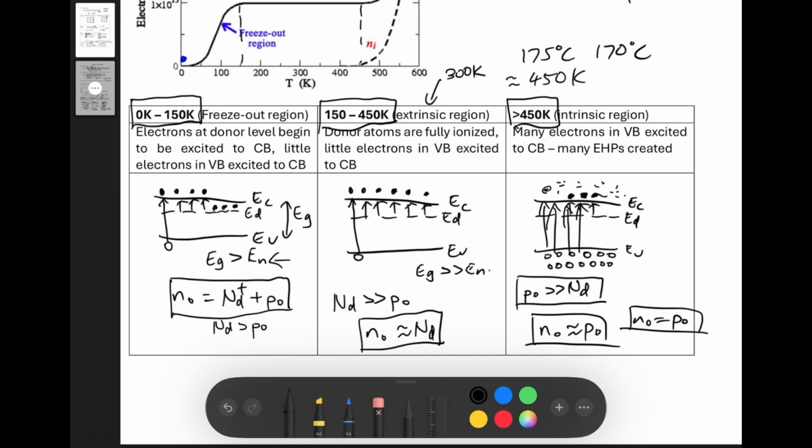That's just before it reaches the intrinsic region where the doping becomes ineffective, and the semiconductor loses its desired electrical properties. That's the maximum temperature of many silicon semiconductors.